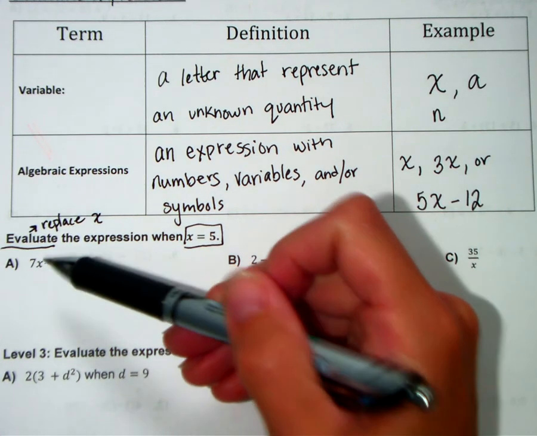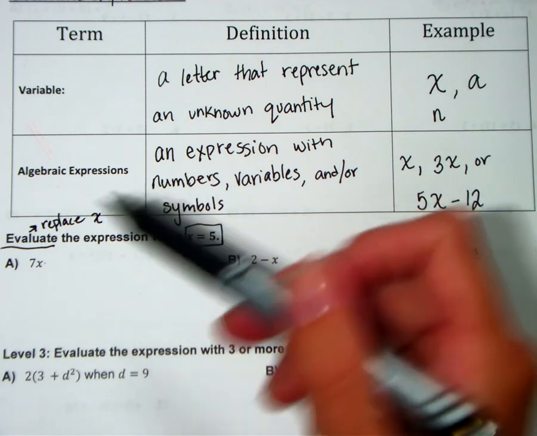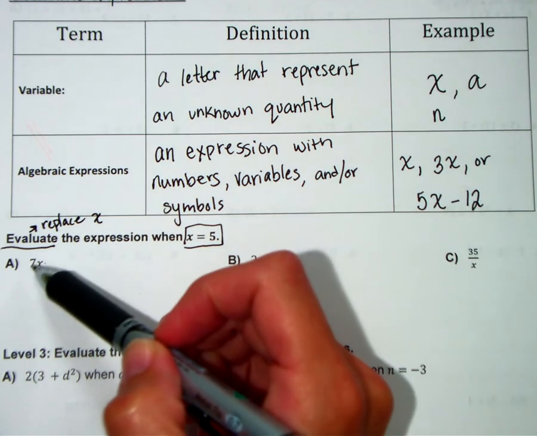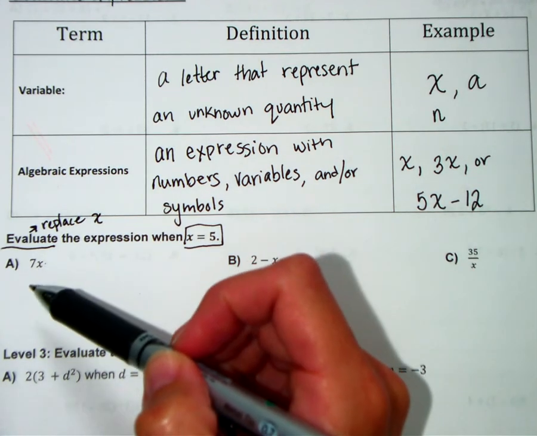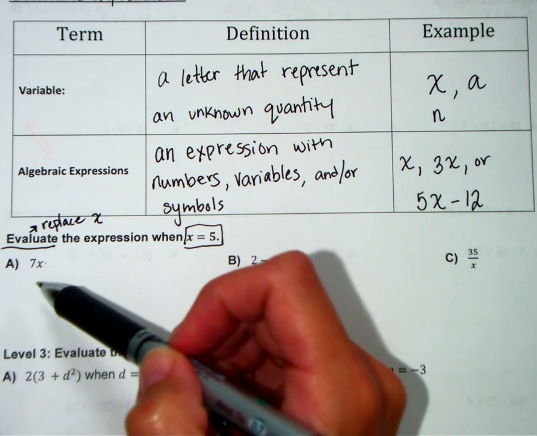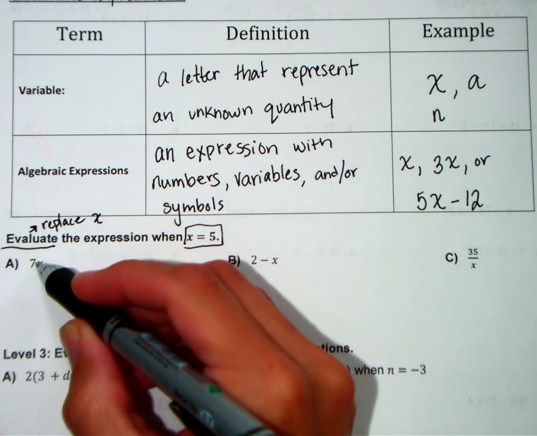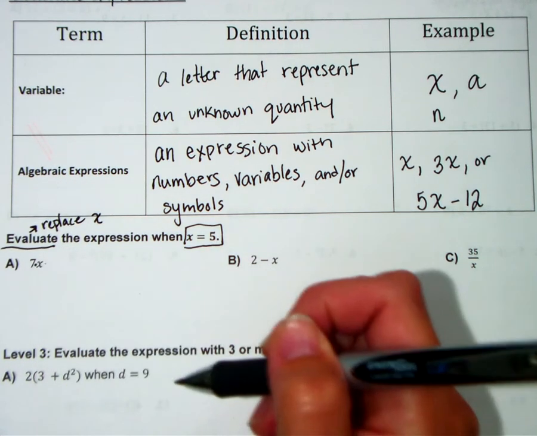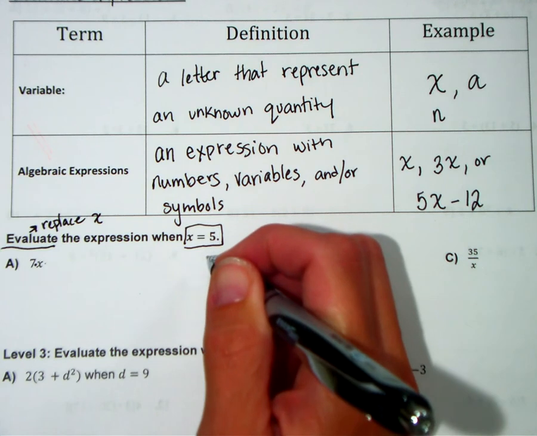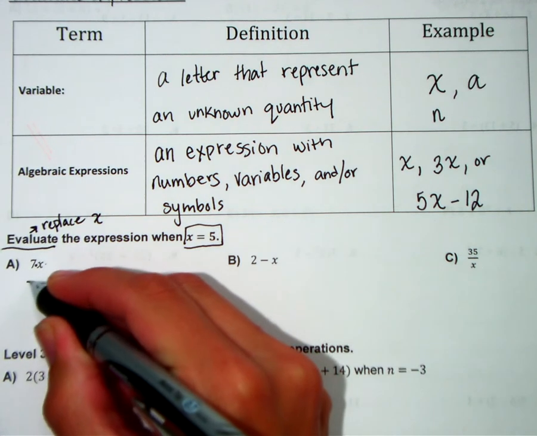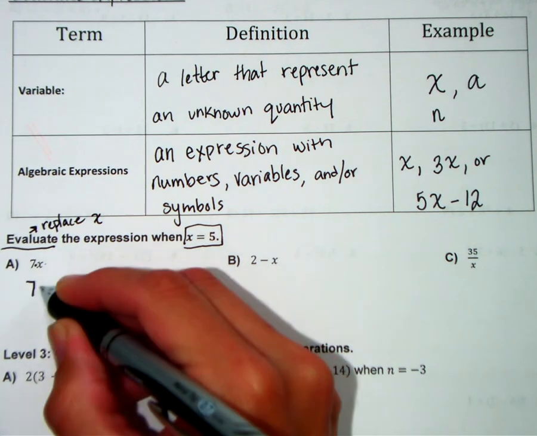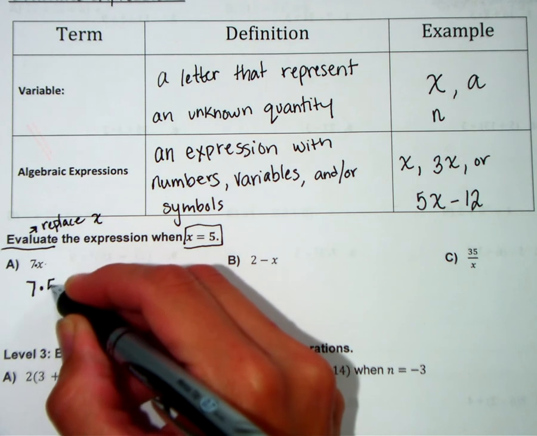Now we do have to talk about what operation is going on in here. Is this 7 plus x, 7 minus x, 7 times x, 7 divided by x? And we may not know that. This is 7 times x. So when we put in 5 in place of the x, we need to make sure that we know it's 7 times 5.